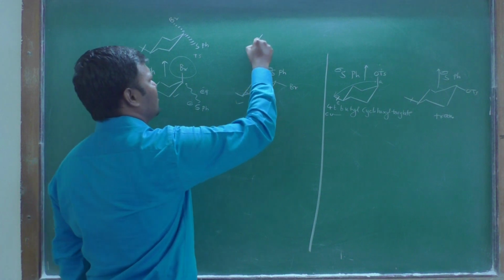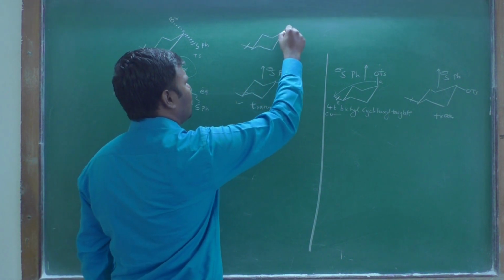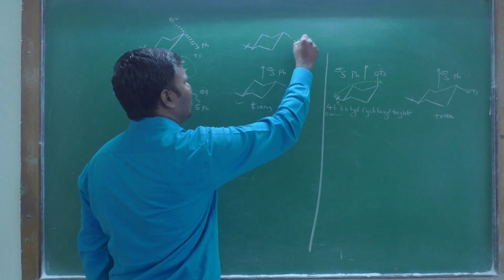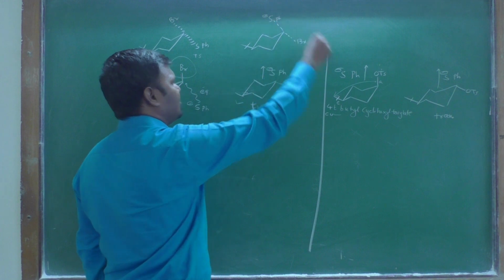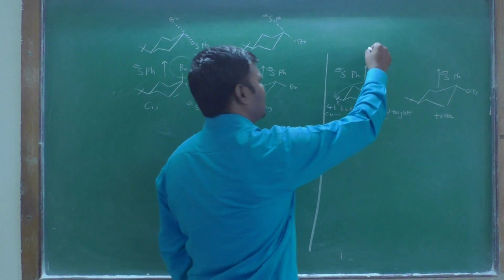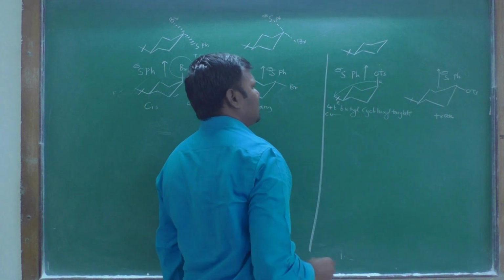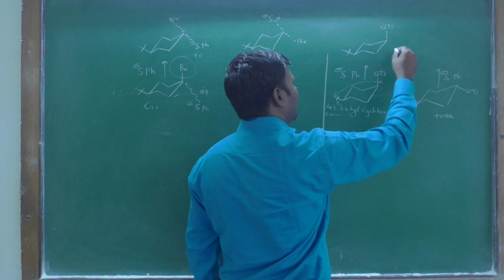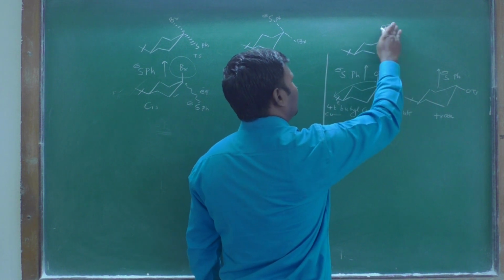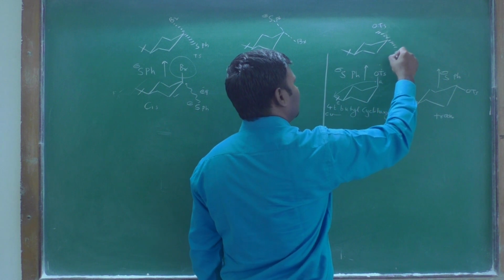In this other case, the bromine is at the equatorial position, therefore the thiophenolate ion attacks from the axial side. Here your OTs is at the axial position and the attack of SPh is from the equatorial side, therefore OTs is opposite to the SPh.